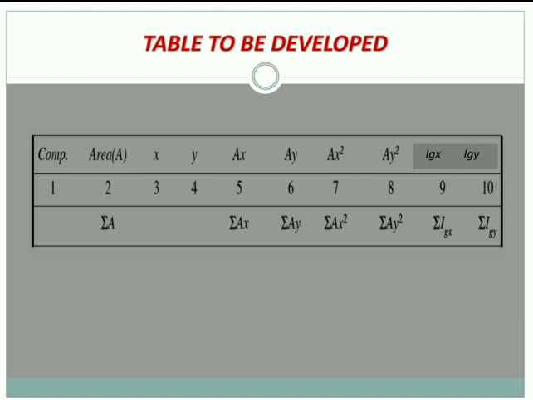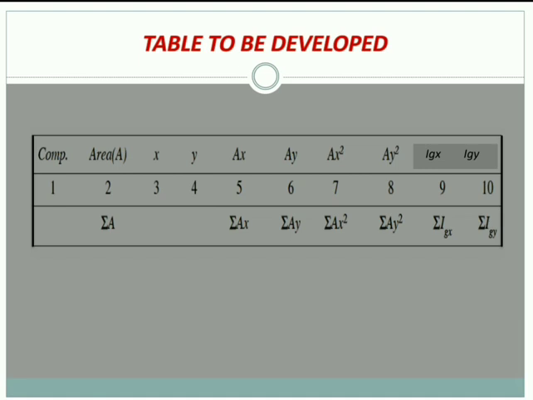So for example, if I have a rectangle, Igx will be b d cube by 12 and Igy will be d b cube by 12. This is for the individual element. The entire body doesn't come into the picture here. So this is the moment of inertia of individual elements with respect to the axis.